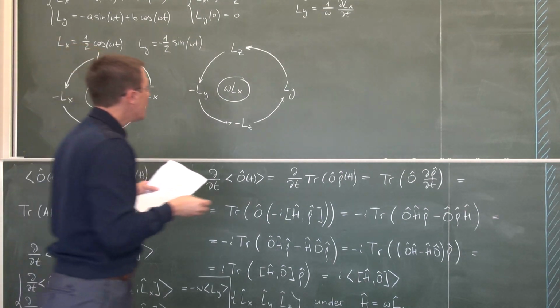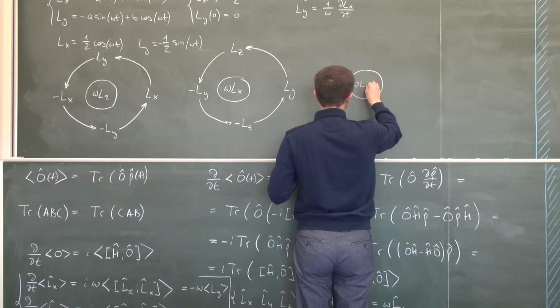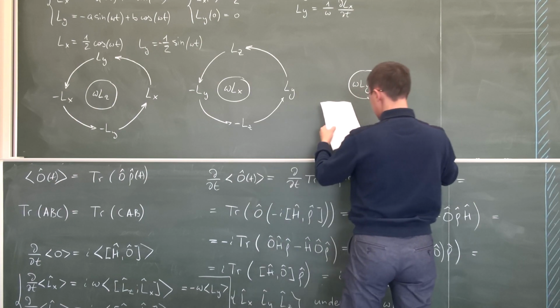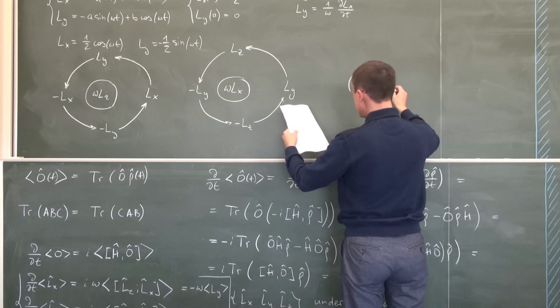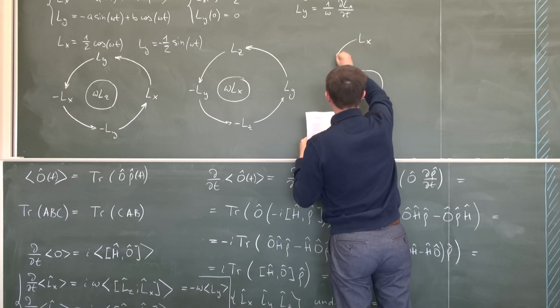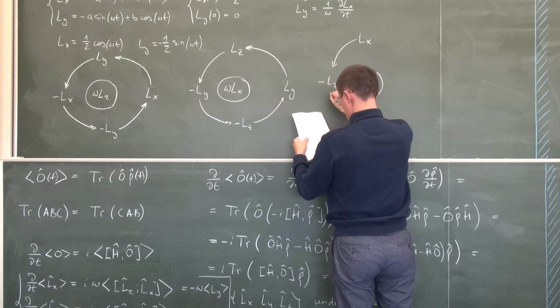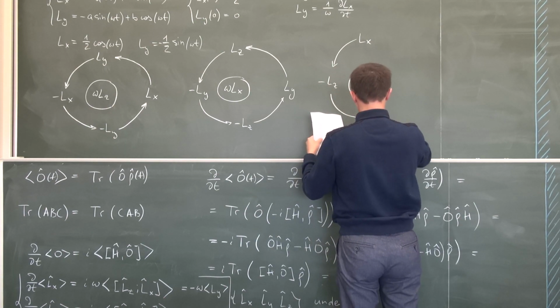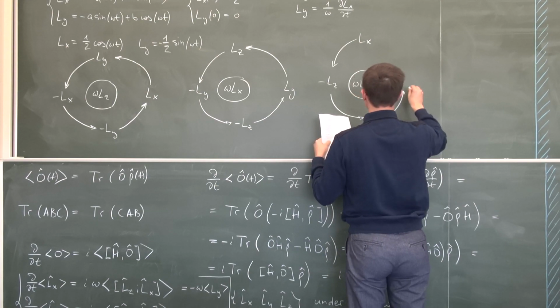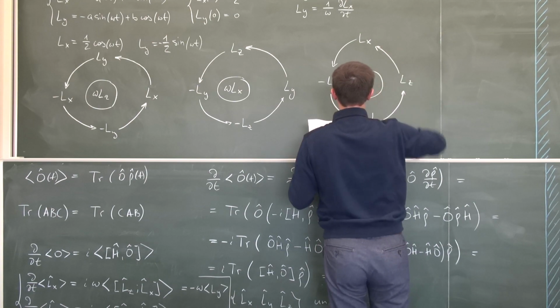And then finally, under omega Ly, we would have Lx. So starting with Lx here, going into minus Lz, and then going into minus Lx, and then back into plus Lz, and onwards to Lx.